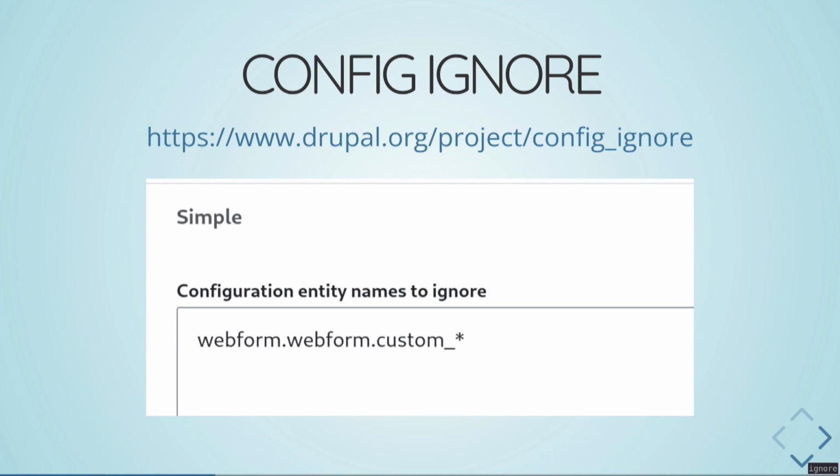You cannot have changes in the YAML files and then deploy those, because those are ignored by the Config Ignore module. Also, this custom prefix is something you have to agree with the person who is going to be creating the forms, or maybe you can enforce it with some hook insert when you're inserting a webform. But yeah, it's a valid strategy. I mean, someone is creating the webforms and you don't care, and you are not bothered by configuration changes.